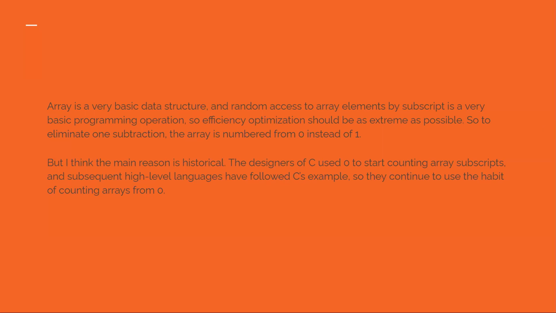But I think the main reason is historical. The designers of C used 0 to start counting array subscripts, and subsequent high-level languages have followed C's example. So they continue to use the habit of counting arrays from 0.